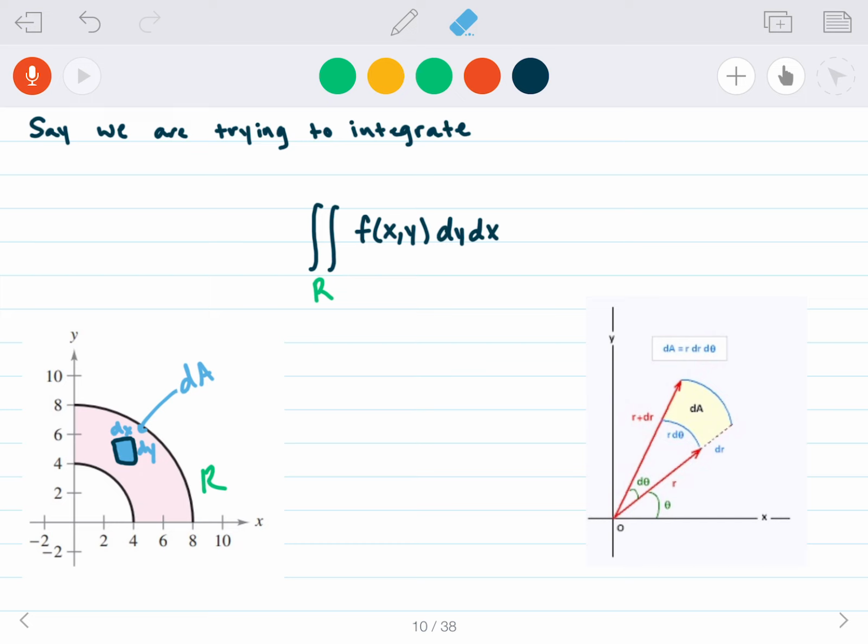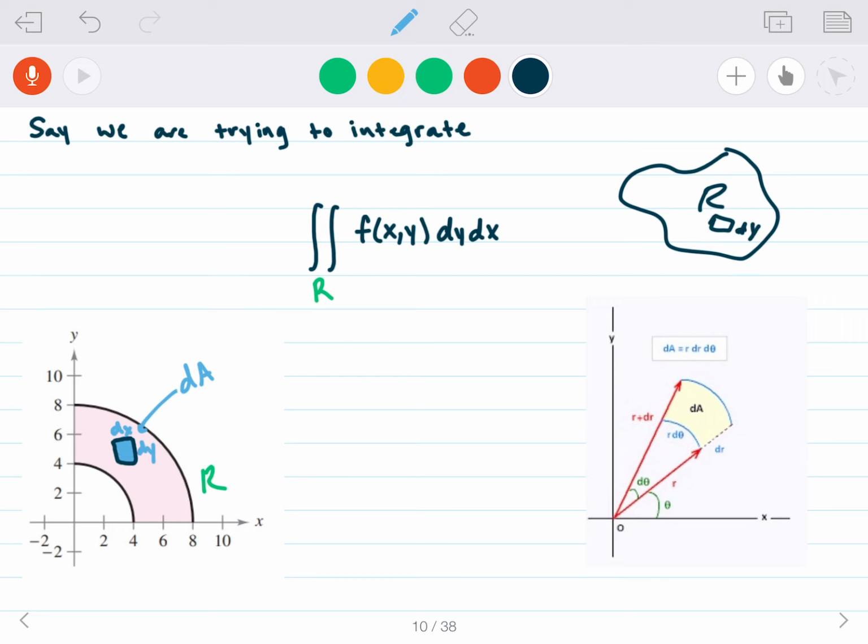So let's say that we're trying to integrate a function with 2 independent variables, x and y, over some region R. Well, keep in mind how we did that before when we just had x and y as our variables. We looked at the region on the xy plane and divided it up into very small rectangles. We took the area of those rectangles.